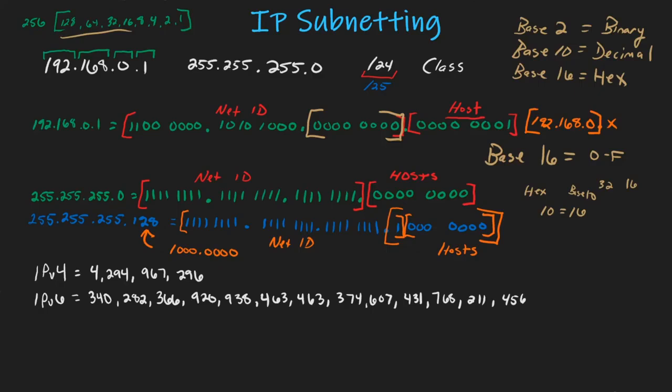I'm sorry, I messed this up. I drew that wrong. This is actually the 1 spot, and then we have the 16th spot for our hexadecimal notations. Sorry about that. So hex is 10, in base 10, that equals 16.